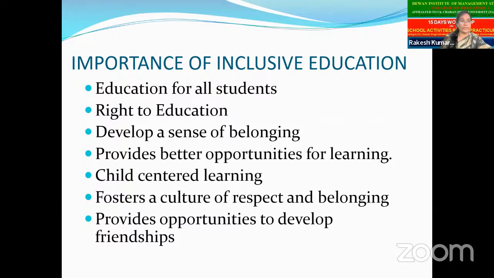And it is child-centered learning. In inclusive education, children have varied needs and abilities. Therefore, it ensures use of different learning styles in the classroom so that every child learns appropriately.